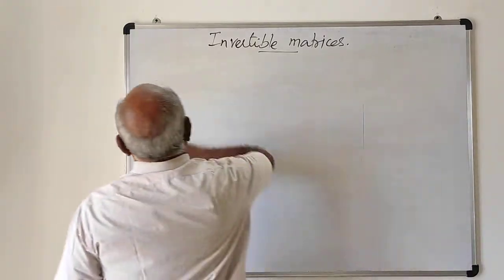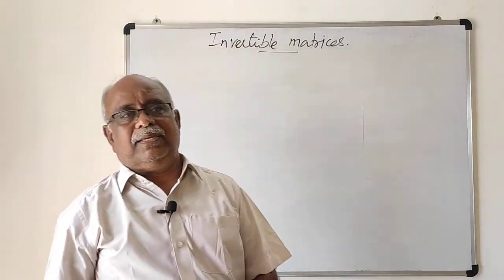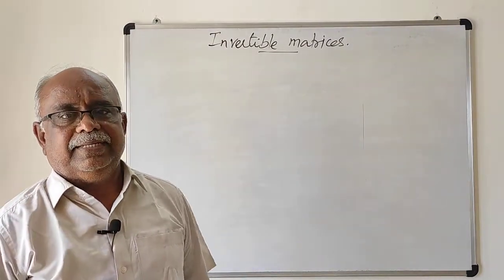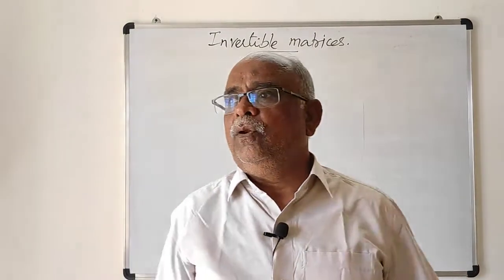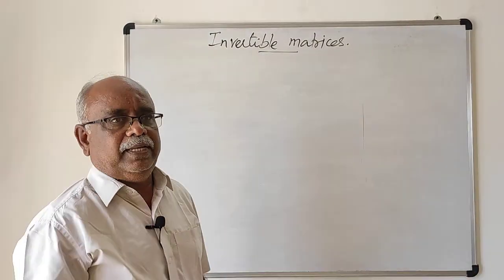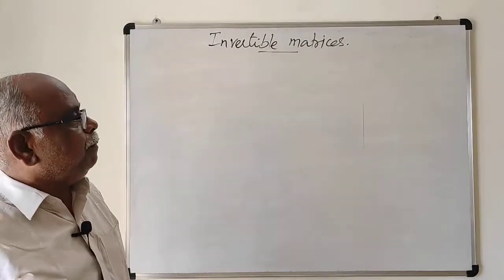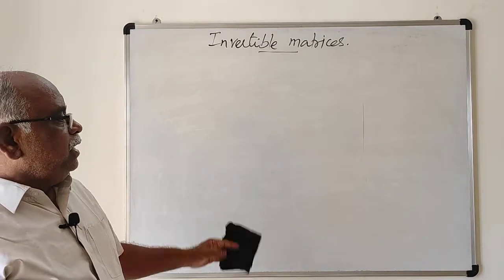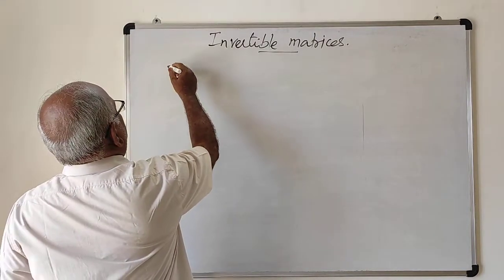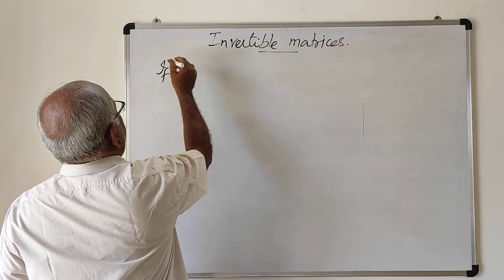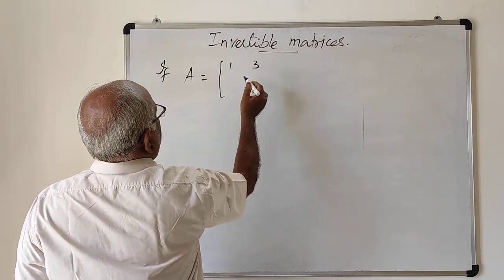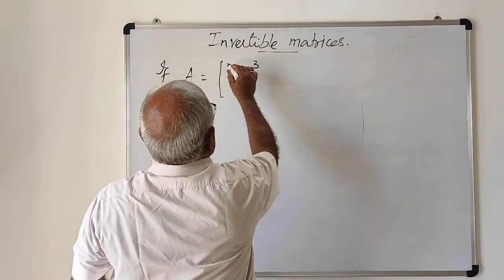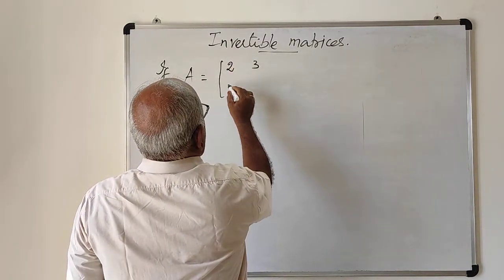The concepts you have to understand thoroughly, then only can you understand the subject easily. The concept of every idea you should understand thoroughly, then only can you solve the problem easily. For example, suppose A is the matrix 2, 3, 1, 2.